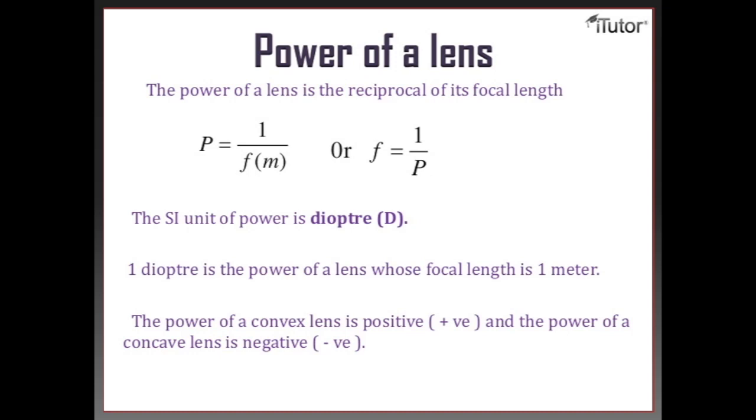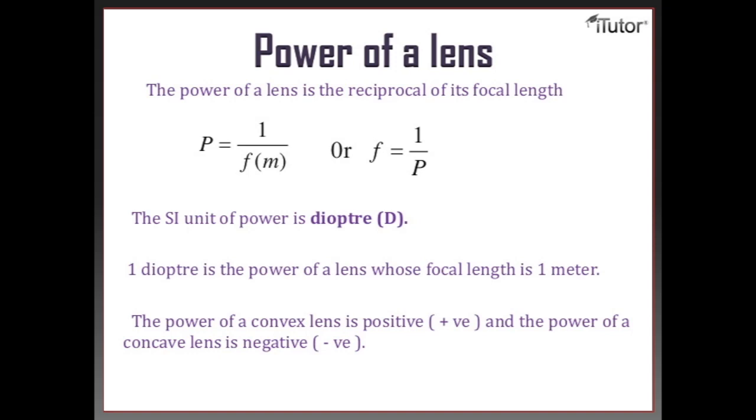What is the SI unit of power? It is the diopter. So, 1 diopter is the power of a lens whose focal length is 1 meter.